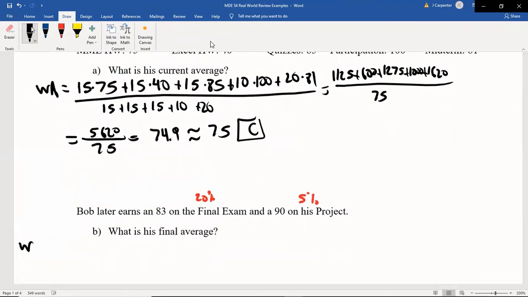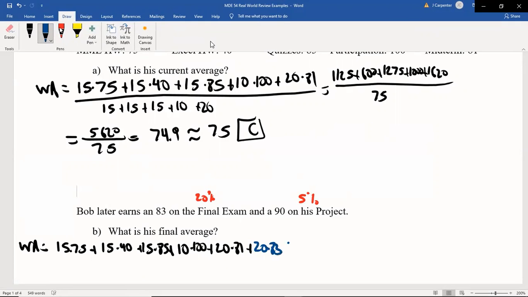So our weighted average, 15 times 75, plus 15 times 40, plus 15 times 85, plus 10 times 100, plus 20 times 81, plus. Now the new stuff, and I'll do in blue the new stuff. The final was 83, so 20 times 83, and then the project was 5% times the 90.